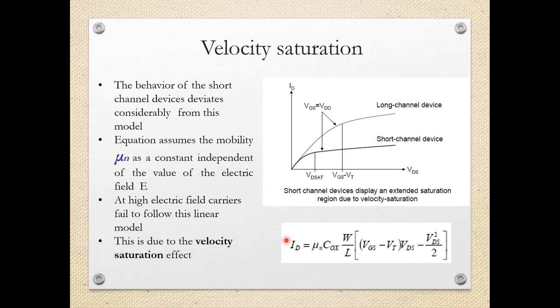The equation assumes the mobility as a constant independent of the value of electric field E. At a high electric field, carriers fail to follow this linear model, and this is due to the velocity saturation effect. So mu n, which we have considered constant, changes as the electric field changes.